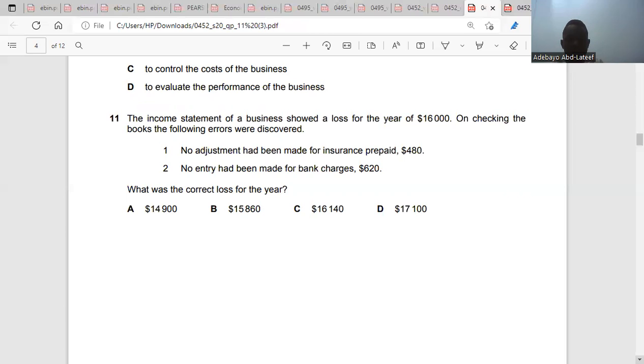So we have 16,000 minus 620, plus 480. So we have 15,860.